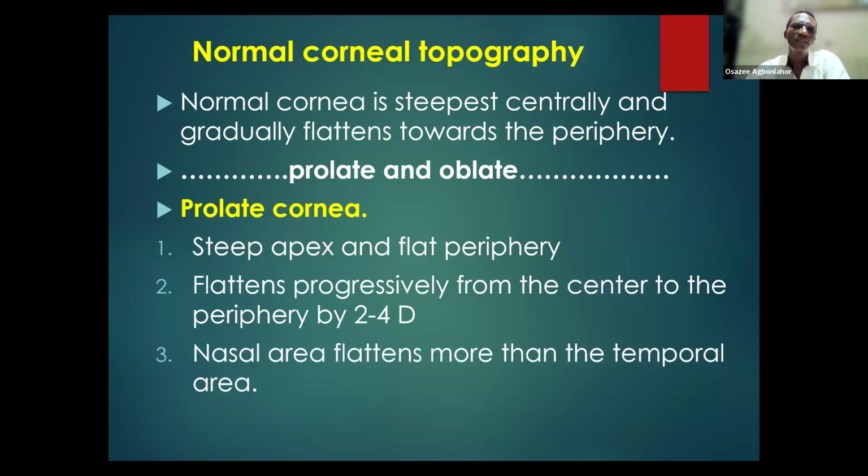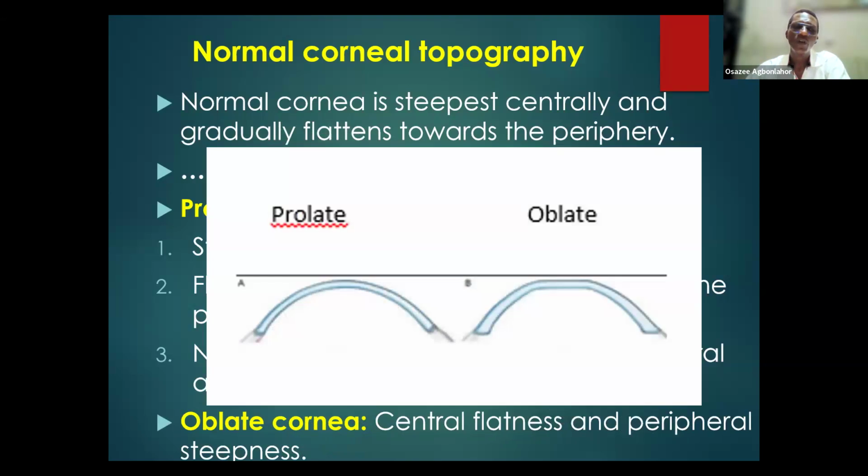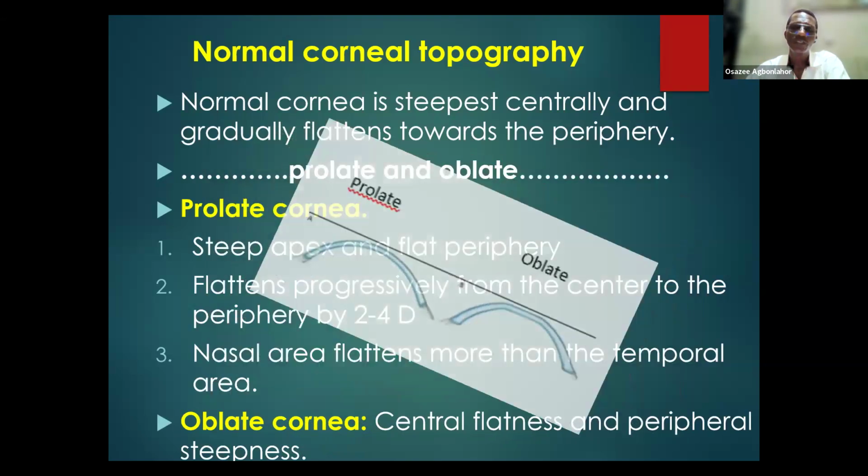Also the nasal area flattens more than the temporal area, while oblate corneas are flat at the center and curved at the periphery. So this is the picture of an oblate and a prolate cornea.